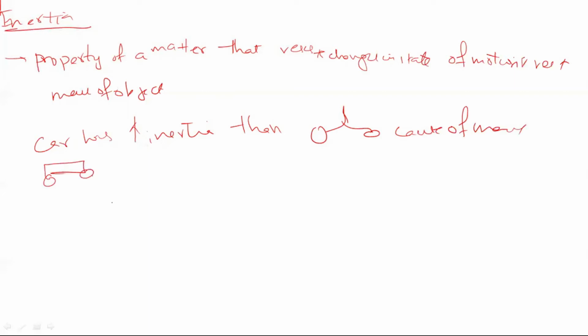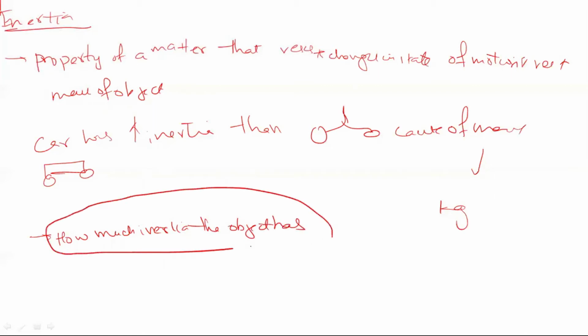Mass is measured in kg. Please listen carefully. Mass is the property of an object that specifies how much inertia the object has.